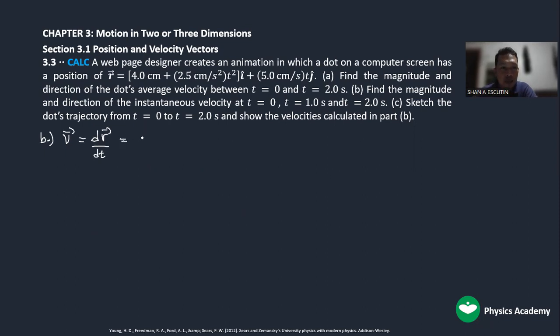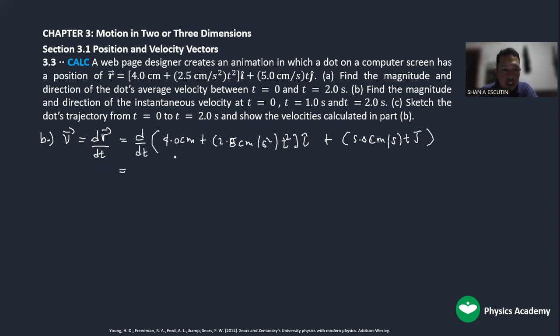Here, we know that our position r is 4.0 centimeters plus 2.5 centimeters per second squared times t squared, i hat, plus 5.0 centimeters per second times t, j hat. Okay. So the derivative of the first constant is 0 here.